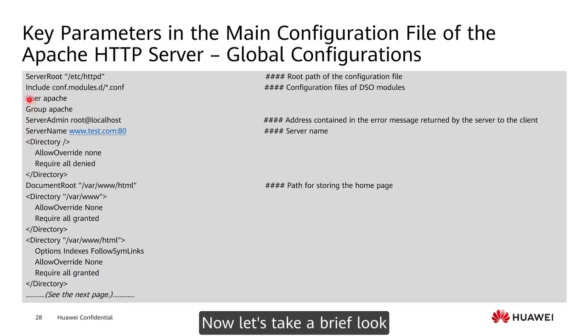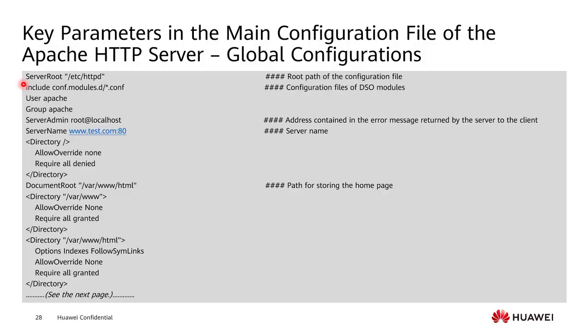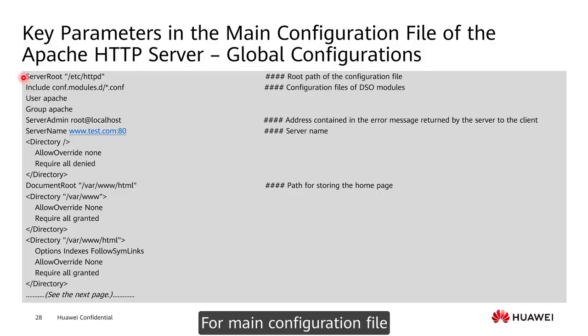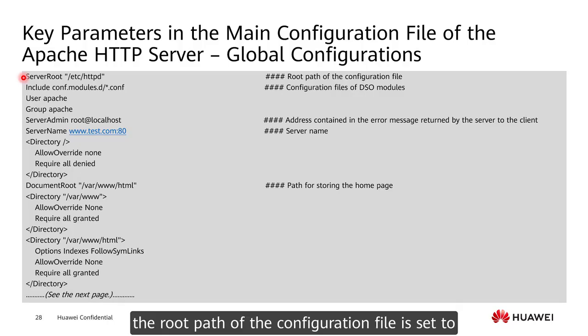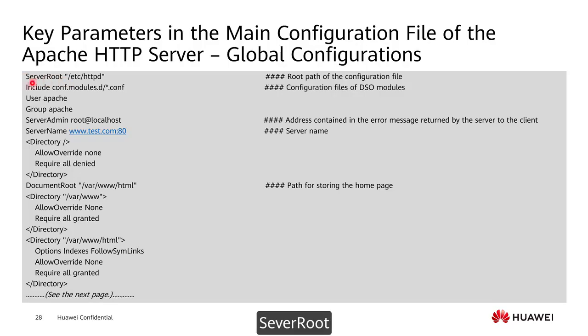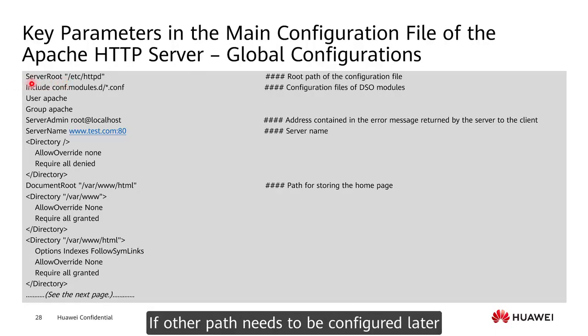Now, let's take a brief look at the main configuration file. In the main configuration file, the root path of the configuration file is set by ServerRoot. If other paths need to be configured later, the relative path is used with this as the start point.